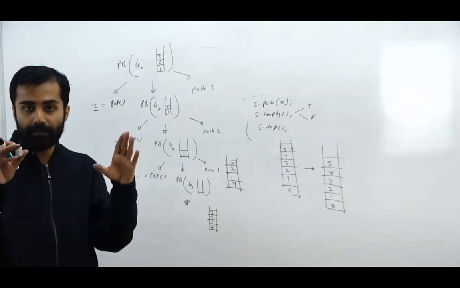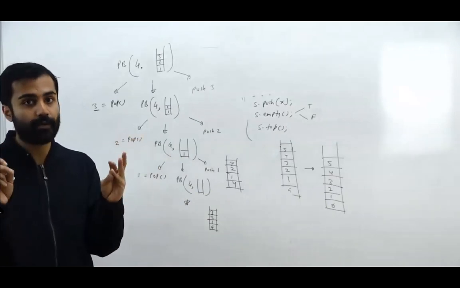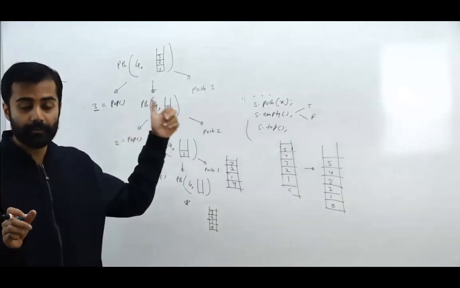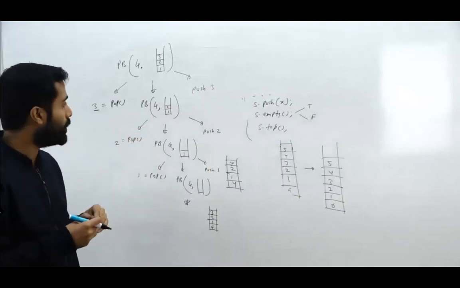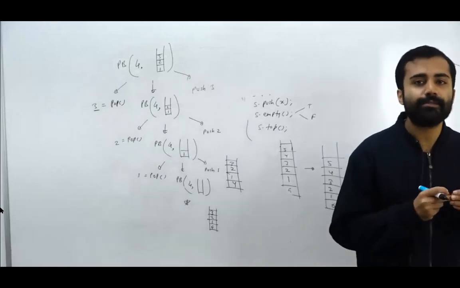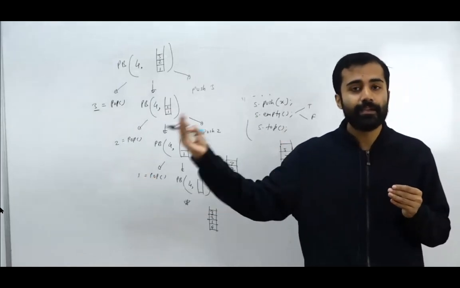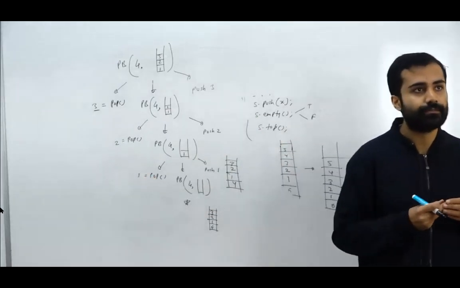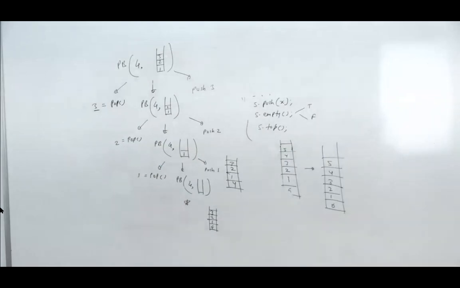So those of you who have learned recursion sincerely, solved your questions honestly, you'll be able to really appreciate how recursion can be pretty useful in solving these questions. Whatever you can solve using an additional stack, you can solve using plain recursion also. Okay, cool. Let's move on to the next question.